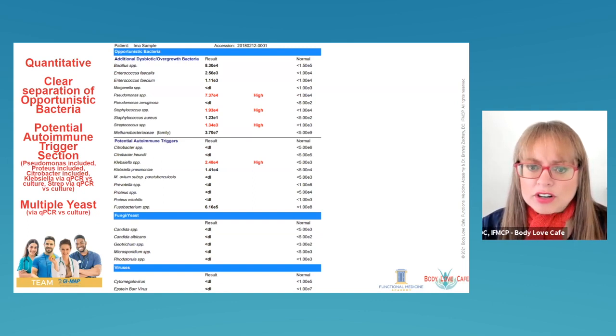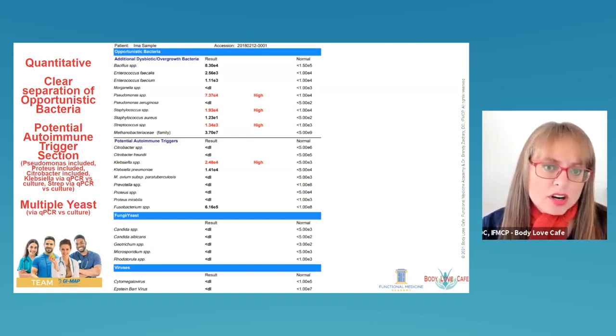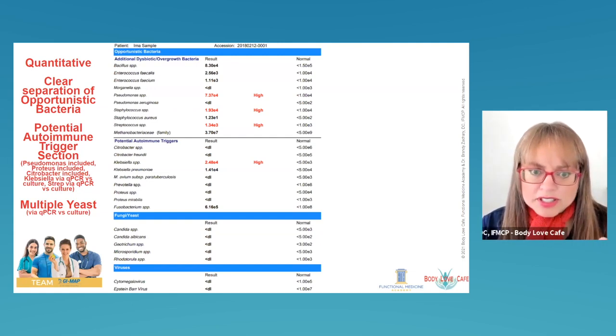Some of the markers that are included on this particular test: Pseudomonas, Proteus, Citrobacter, Klebsiella, Strep. Some of them are not on GI-FX, or if they are, they're via culture and not PCR. So you need to understand the differences there.